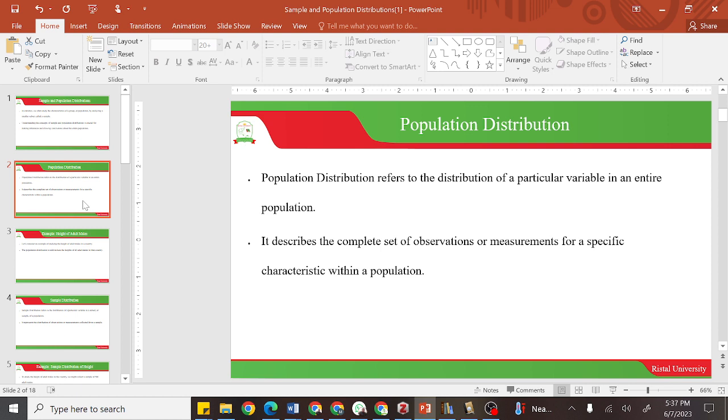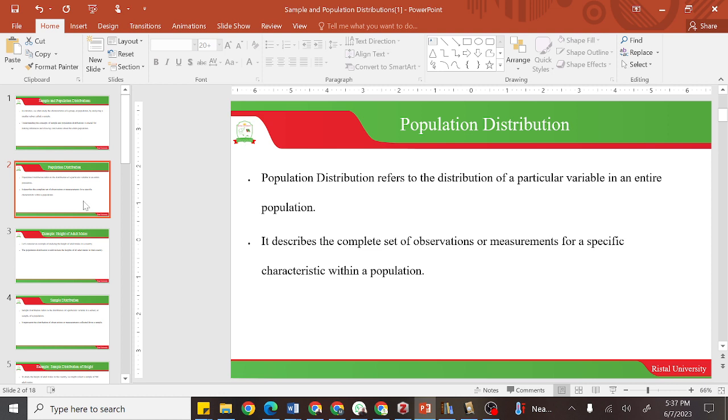So that means that we need to take measurements for us to get the population mean height, for example. In this case, the height is basically the variable, and we want to know the distribution of height in the entire population or for all the people who are staying in monarchy.